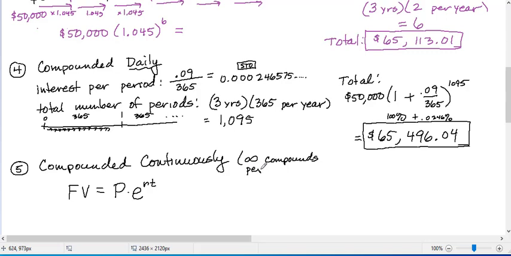So this is for infinity compoundings per year. And all of our formulas break down when we try to plug an infinity into the formula, and that's where this e comes into play. So here's how it works for continuously compounded. You take your principal, 50,000, times e, and there is an e key on your calculator somewhere by the LN key.